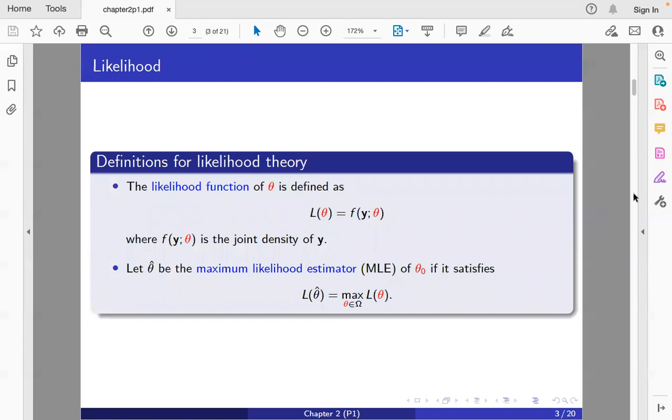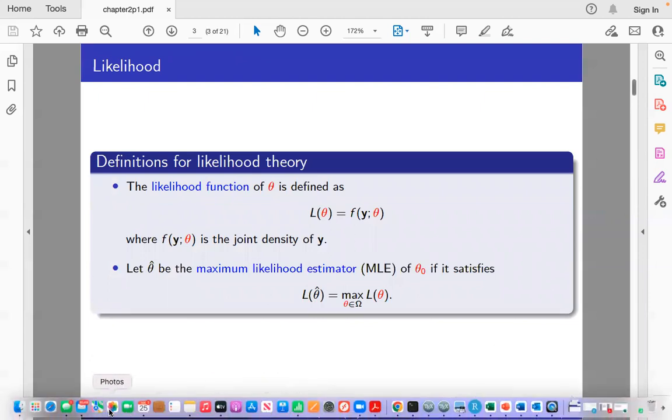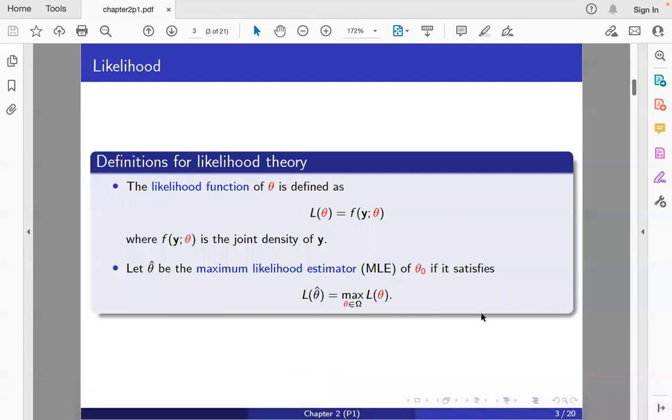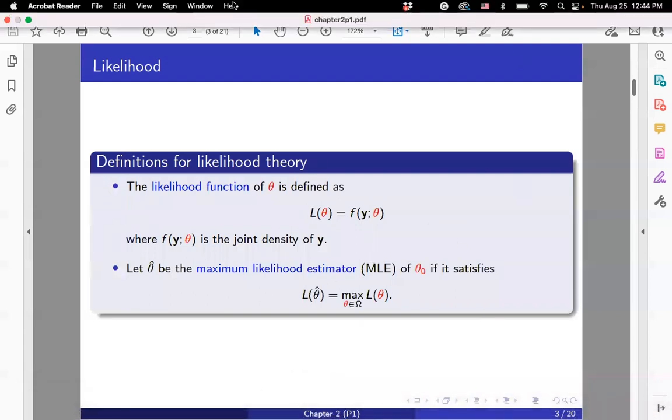Let me quickly show you. I don't know whether you guys check the Canvas. In the Canvas, I actually uploaded the script. The reason is that I usually forget something, so I want to make sure that even if I missed something in class, you can still find it in the script.